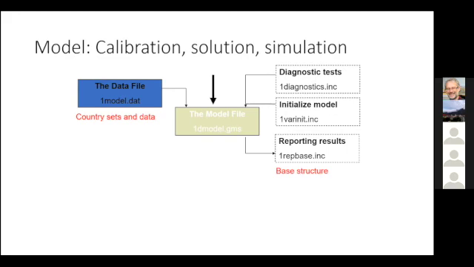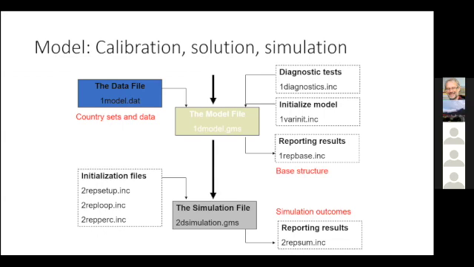So as I said, static models are single period models, so this is only done once. And then if you want to look at various scenarios, these would be included through a simulation file, which would place the disturbances in the model file and then solve for the outcomes.